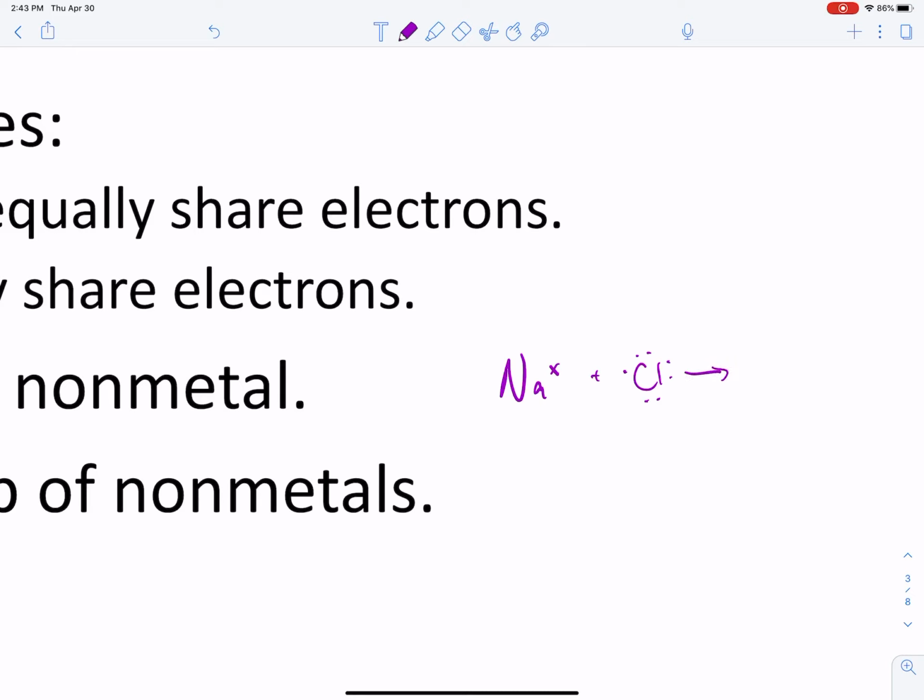Whenever you react them together, that Na becomes positively charged, and the chlorine with its little dots around it grabs that extra electron using the Lewis dot structures and becomes negatively charged.